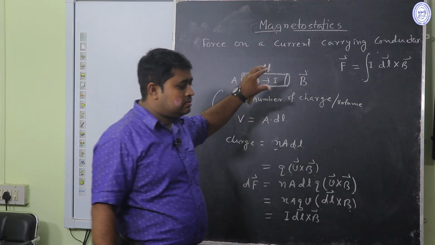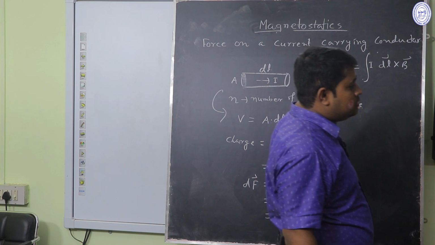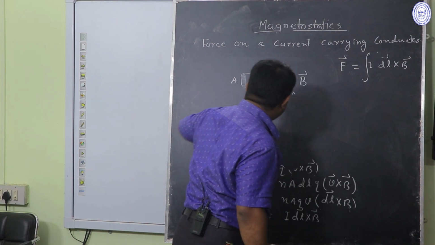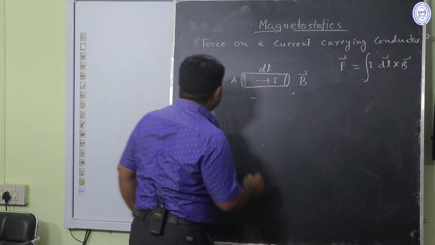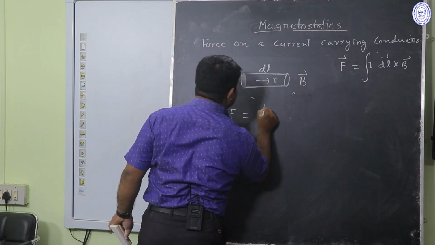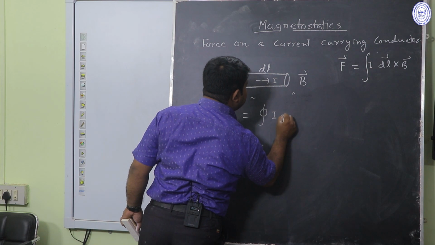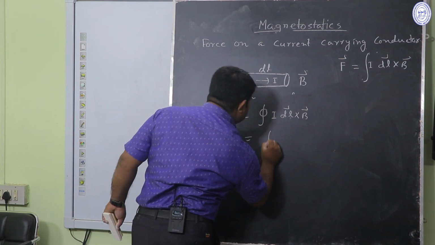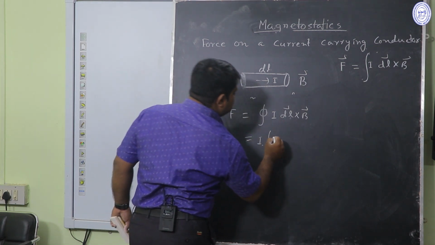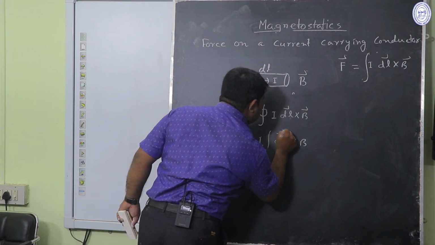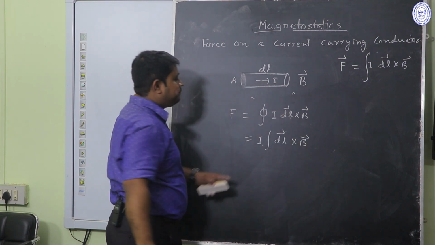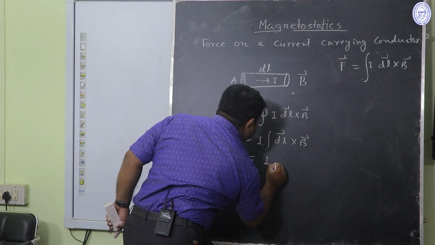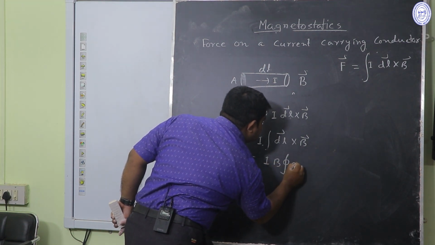If the conductor is a circular loop placed in a uniform magnetic field, then the force acting on the closed loop can be written as F equal to the closed integral of I dl cross B. If the magnetic field B is uniform, then the force is I times B cross the closed integral of dl.